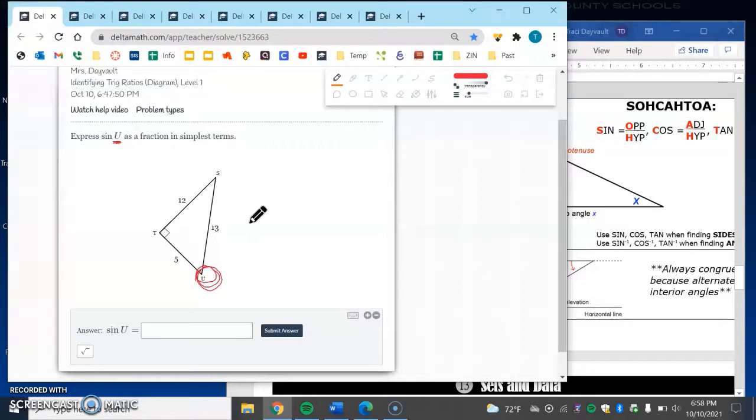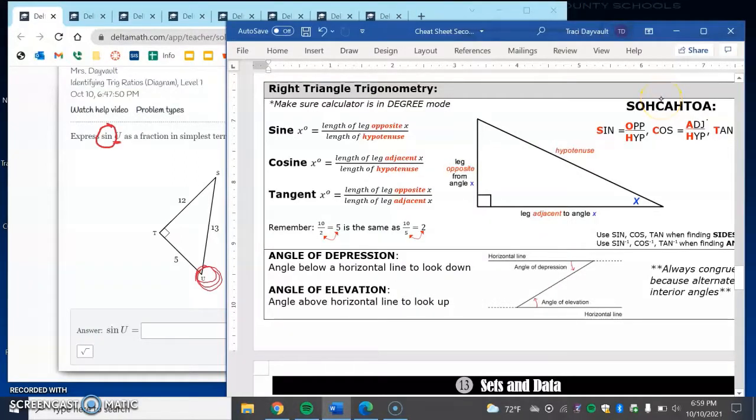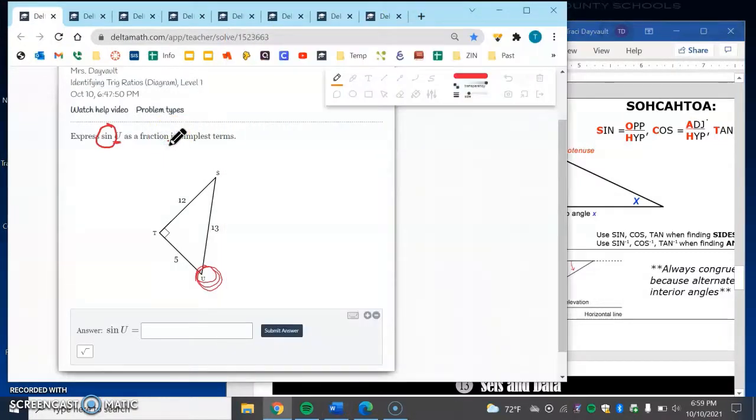All right, sine. If you remember SOHCAHTOA, the SOH, the sine ratio is opposite over hypotenuse. So we need to look back at this triangle and figure out which side is opposite from angle U, and which side is the hypotenuse.